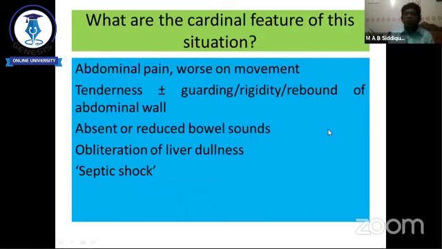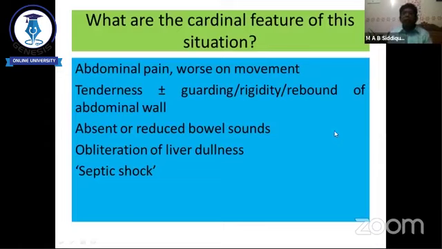The difference between intestinal obstruction pain and perforation pain is that in perforation, the pain worsens on movement, and that's why the patient restricts his movement, is bed bound and does not move. But in colicky pain, in intestinal obstruction, the patient moves around in his bed.